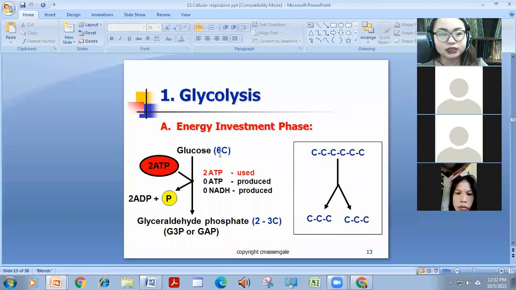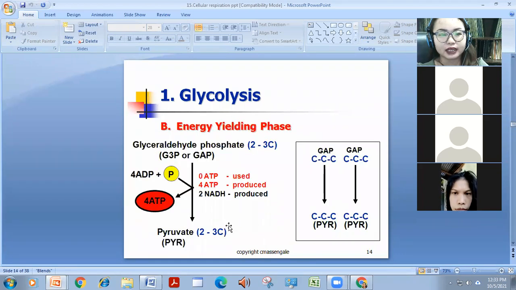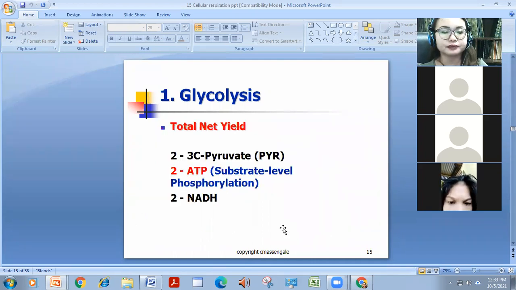In the energy investment phase, this is what happens: the glucose is converted, using 2 ATP, and the glucose becomes glyceraldehyde phosphate. In the energy yielding phase, the glyceraldehyde phosphate, a 3 carbon molecule, produces 4 ATP to become pyruvate.